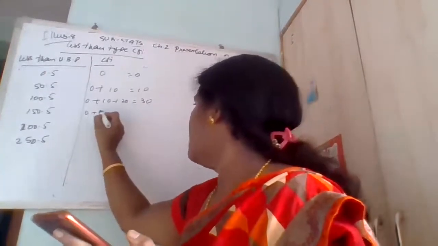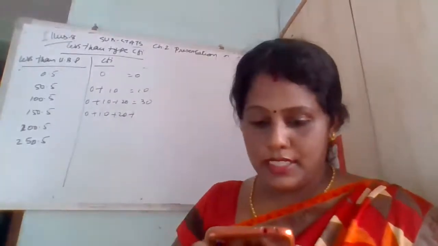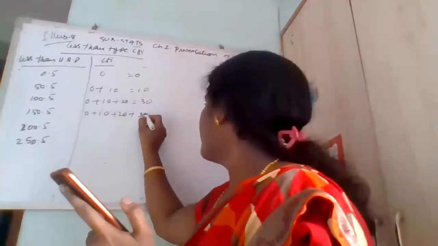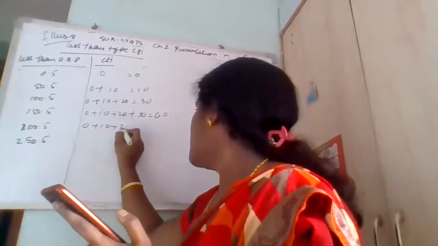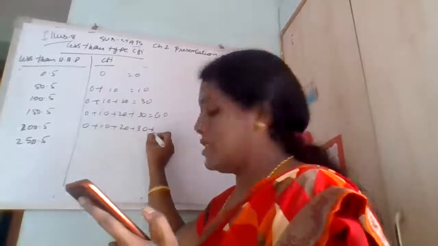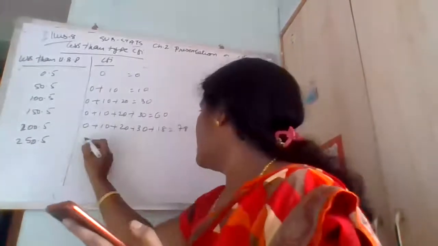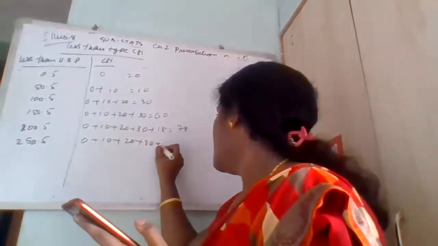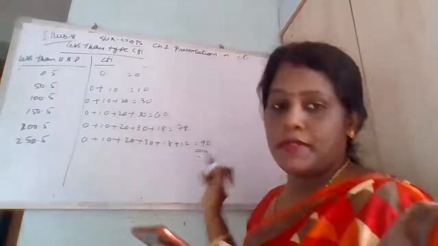Then 0 plus 10 plus 20 plus your third frequency 30. Then 0 plus 10 plus 20 plus 30 plus 18, that is 78. 0 plus 10 plus 20 plus 30 plus 18 plus 12, that comes to 90, right?